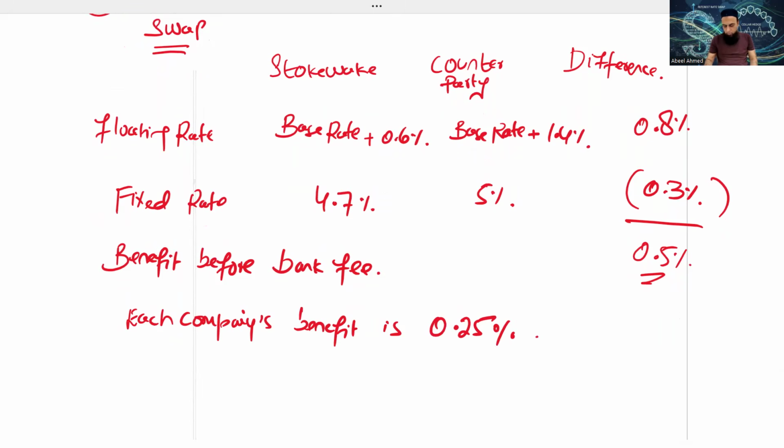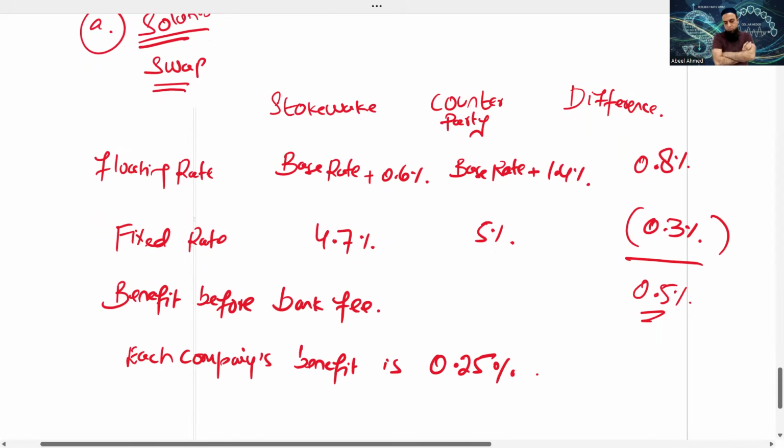Okay, now look at the data properly. Of course, we have already decided by looking at the data, Stoke company has a better credit rating than counterparty. There's no doubt about it. Now the step has come, we have to go for actual borrowing. For actual borrowing, student, you need to decide where Stoke company has more advantage as compared to the counterparty.